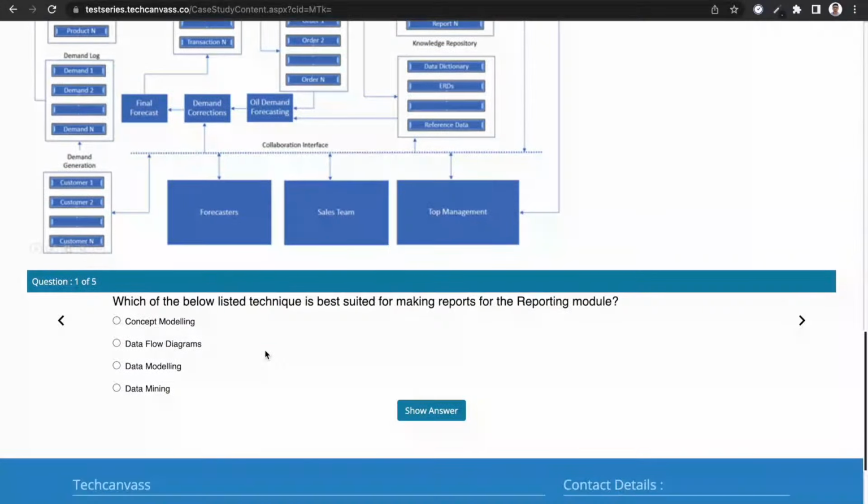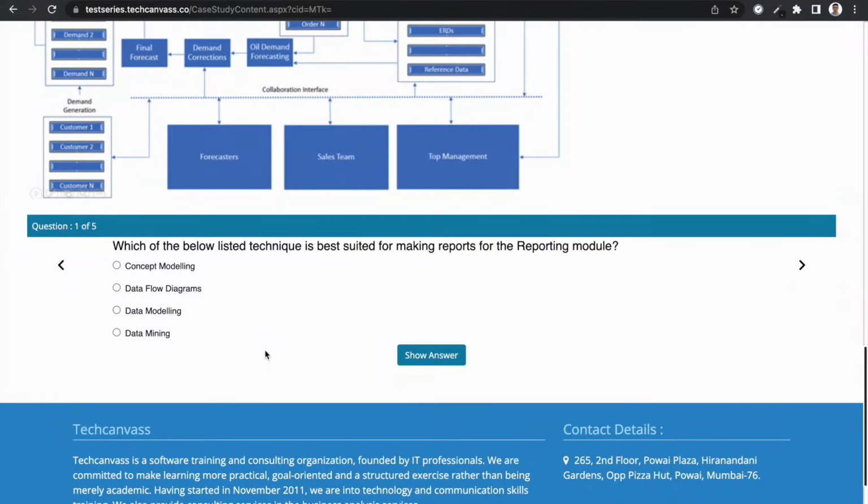However, if the question is specific to some of the stakeholders or some numbers, then you may have to go back to read the case study. But the approach that you can take is to first skim through the entire case study, go to the questions, read the question first, and answer them. Let's try to get this answer.